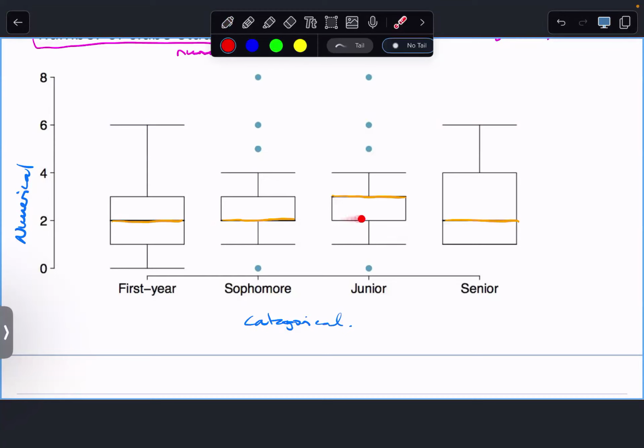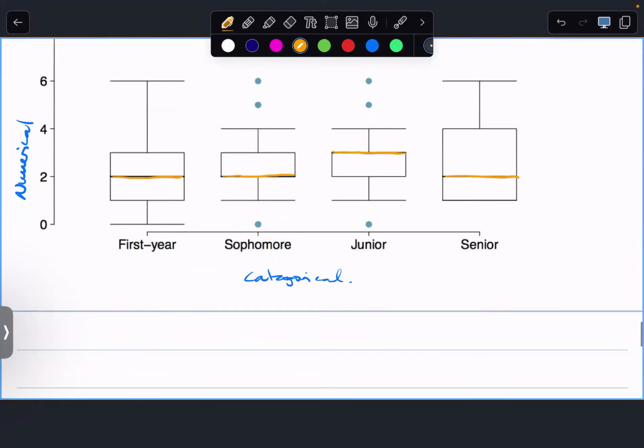The median seems to be about the same for each of the groups except for the juniors. Now, I never know what these things mean because I am not American, but it doesn't matter. And so here, it's higher for juniors. Okay.